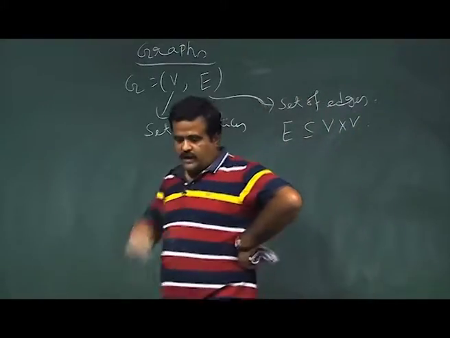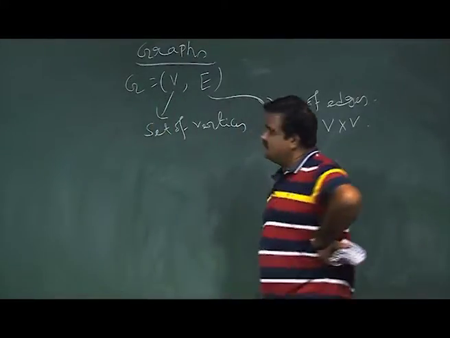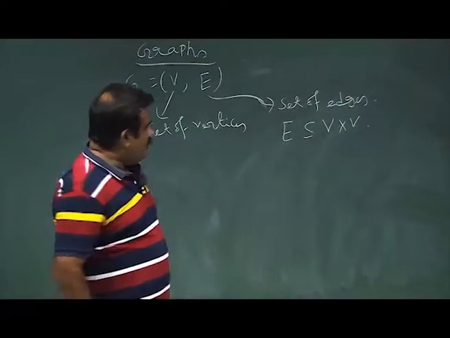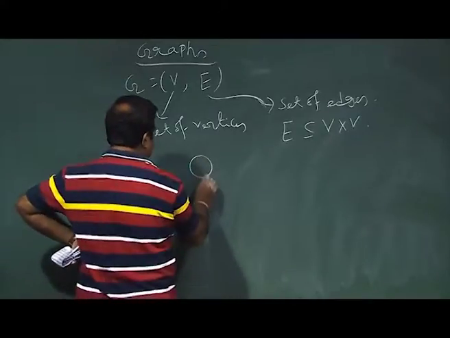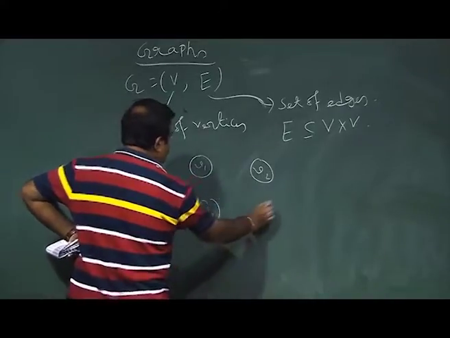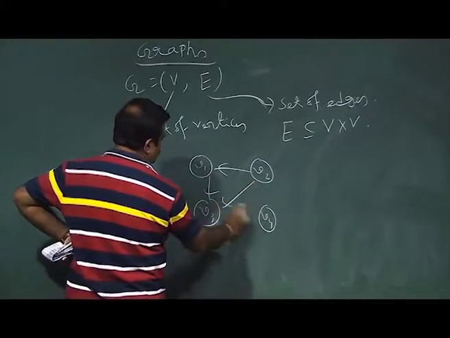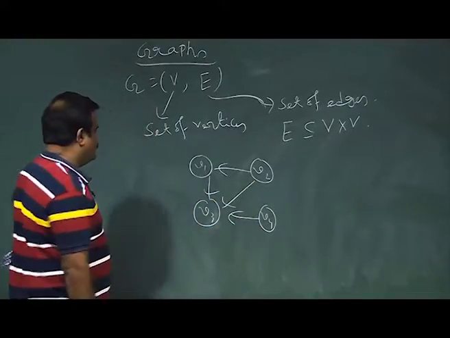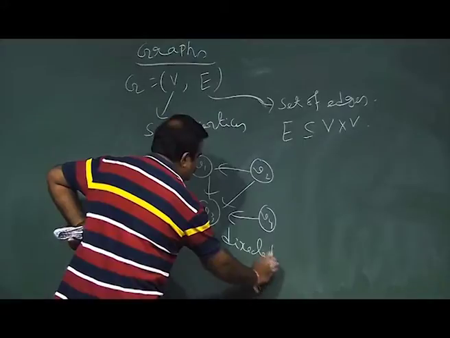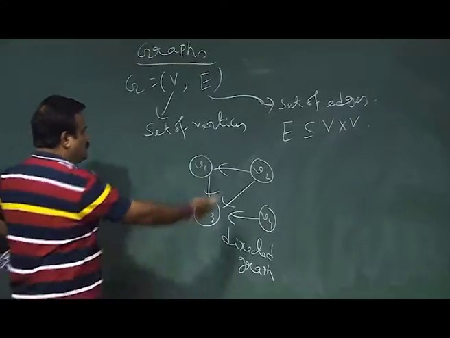There are two types of graph, directed graph and undirected graph. If there is no ordering of the edge, then it is called an undirected graph, and if there is an ordering in the edge, it is called a directed graph. Like, if we have vertices V1, V2, V3, V4, and edges like this, this is a directed graph, or digraph, because we have direction in the edges.